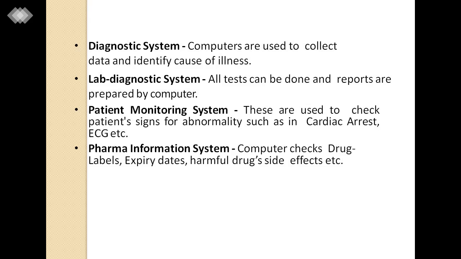Patient monitoring systems are used to check patient signs for abnormality such as cardiac arrest or ECG. Next is the pharma information system. Computers check drug levels, expiry dates, and harmful drug side effects also.